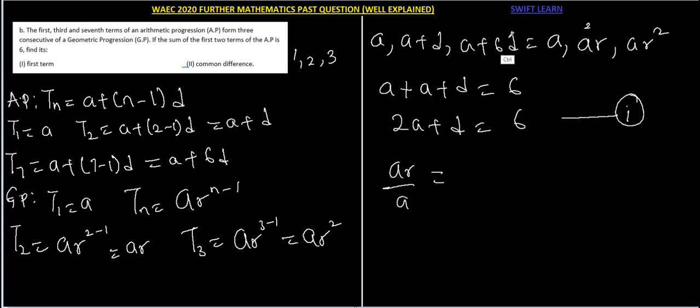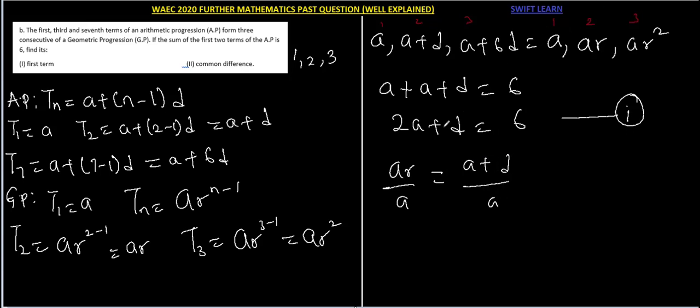Okay, so let me use another color. With this 1, 2, 3, 1, 2, 3. So I'm using 2 over R. So moving on. Okay, so this 2 will be A plus D over what? A.